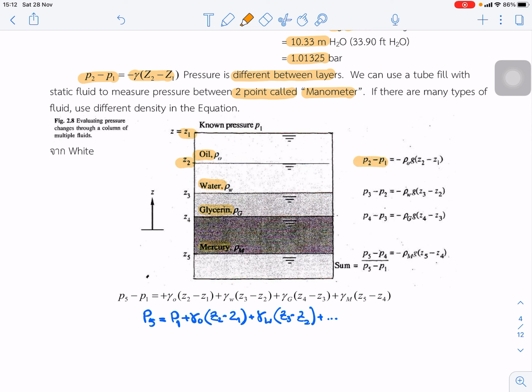The pressure difference between point 1 and point 2 is equal to rho g times the elevation difference between point 1 and point 2. Between point 3 and point 2 it is the same, and point 4 and point 3 the same. The only difference is the density of the fluid.